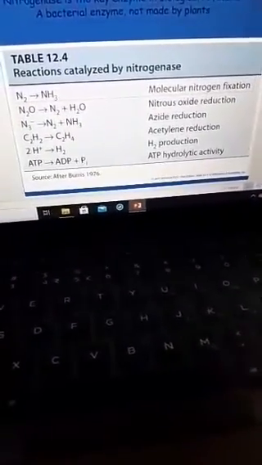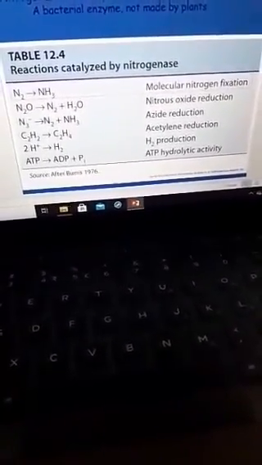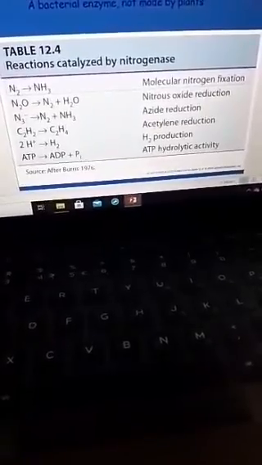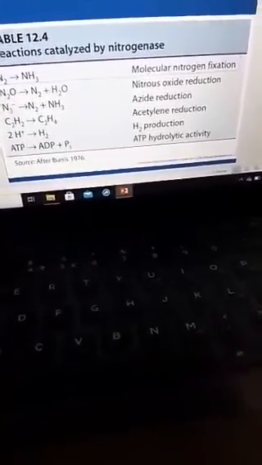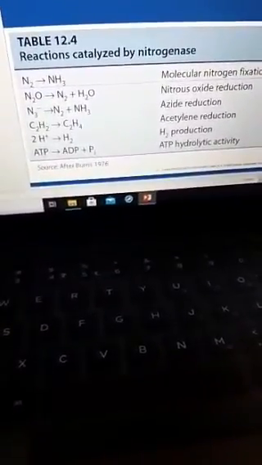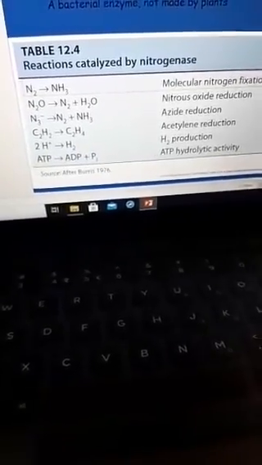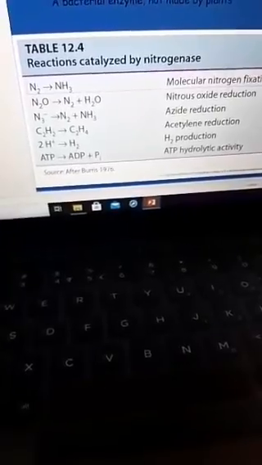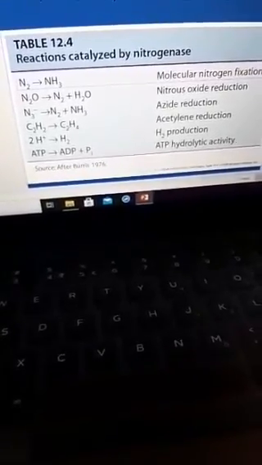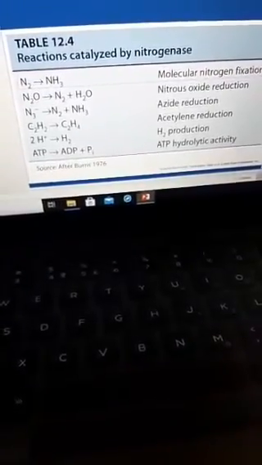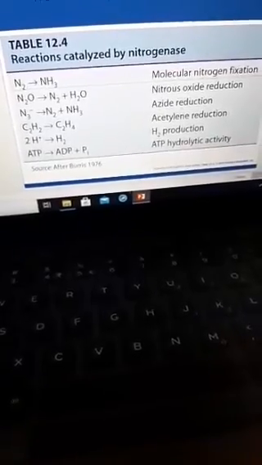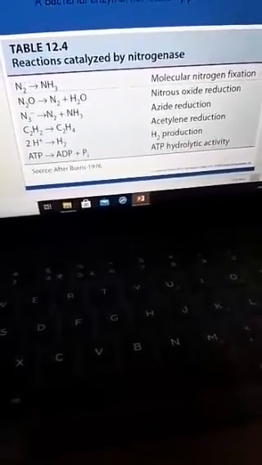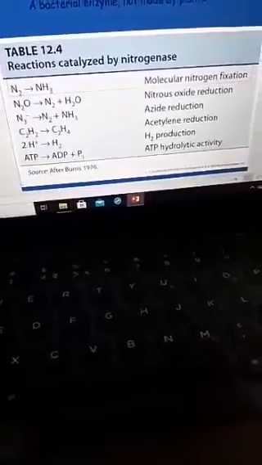You can see C2H2 being reduced into C2H4. It can also reduce hydrogen protons into hydrogen gas, which is released. Obviously, it makes use of a lot of ATP in the nitrogen fixation.